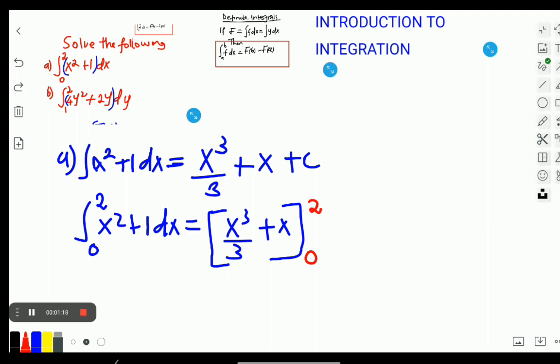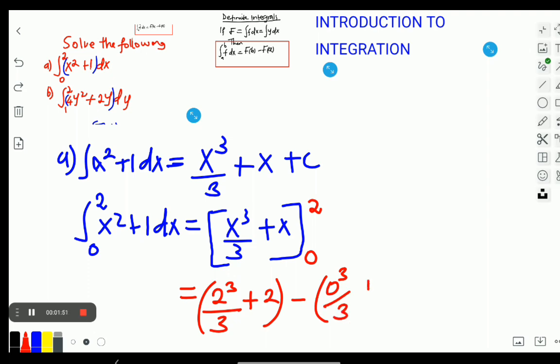But from the formula above, if the integral of f is equal to capital F, it's a matter of substituting b first, then subtracting what you get if you substitute a. So from this one we shall have 2 cubed divided by 3 plus 2, minus, if we substitute 0, 0 cubed divided by 3 plus 0. What will be the answer here?